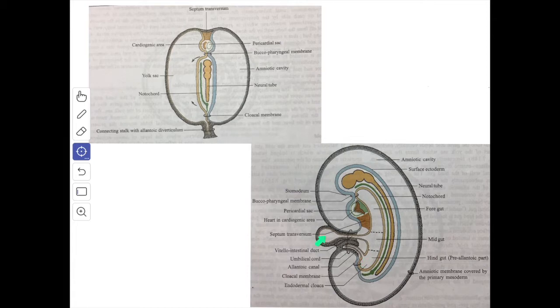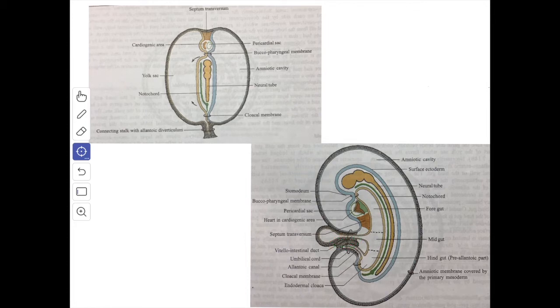The extra-embryonic part of the yolk sac forms the umbilical vesicle, which projects into the fetal surface of the placenta beneath the amniotic membrane. The umbilical vesicle is temporarily connected to the primitive gut by the vitello-intestinal duct, which passes through the umbilical cord.